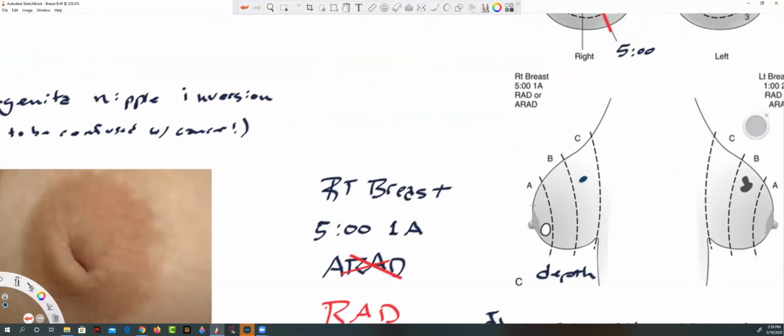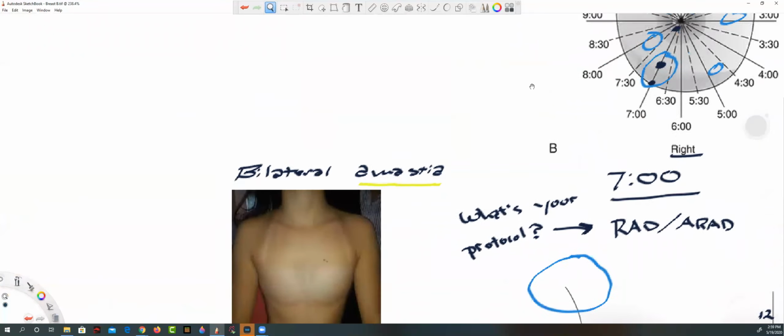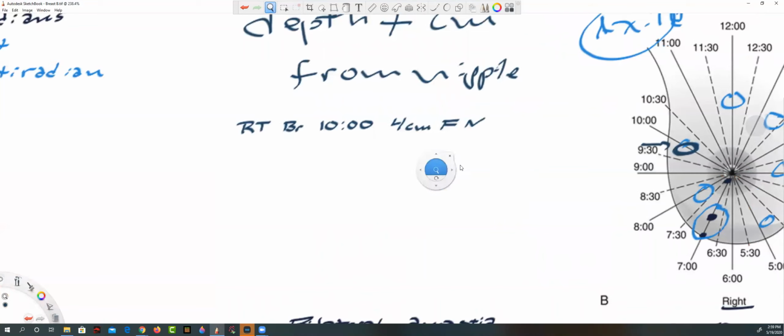And so let's see, 1, 2, 3, 4, let's say 5 centimeters. We'll make her kind of a big girl. 5 centimeter depth. So that's yet again another alternative.